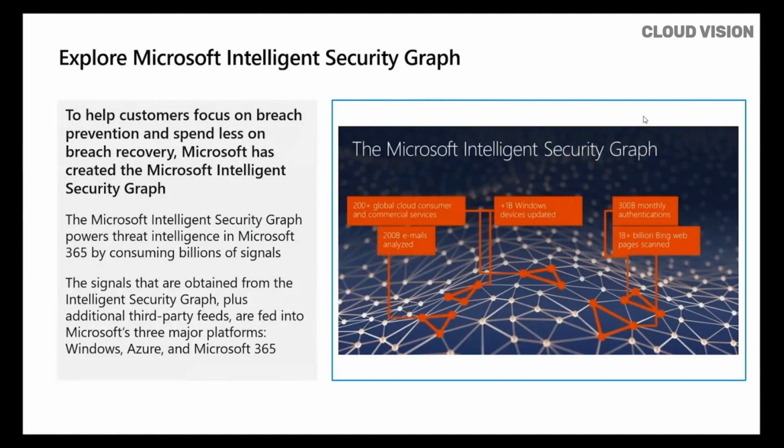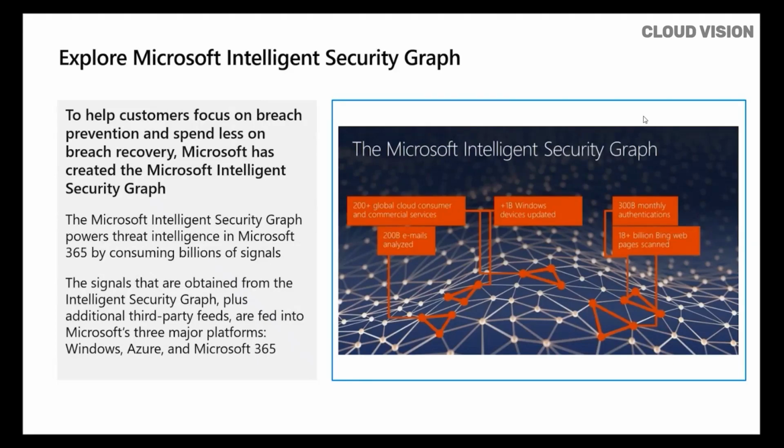So, Microsoft has created this Intelligent Security Graph to help customers focus on breach prevention and spend less on breach recovery. So, taking a proactive approach to detecting the threats out there even before they are encountered by your organization.